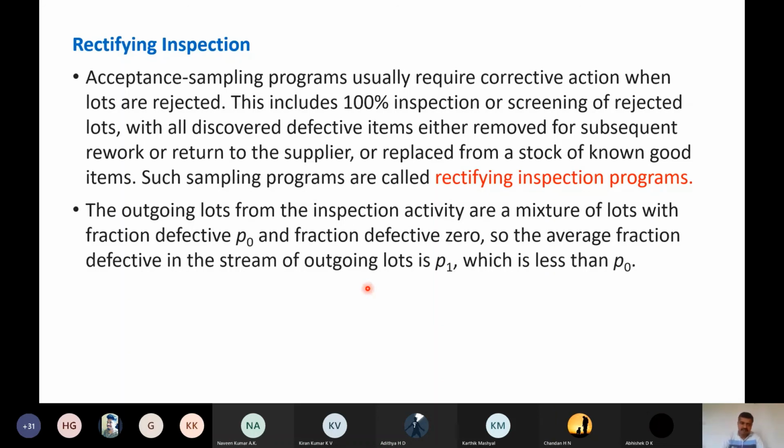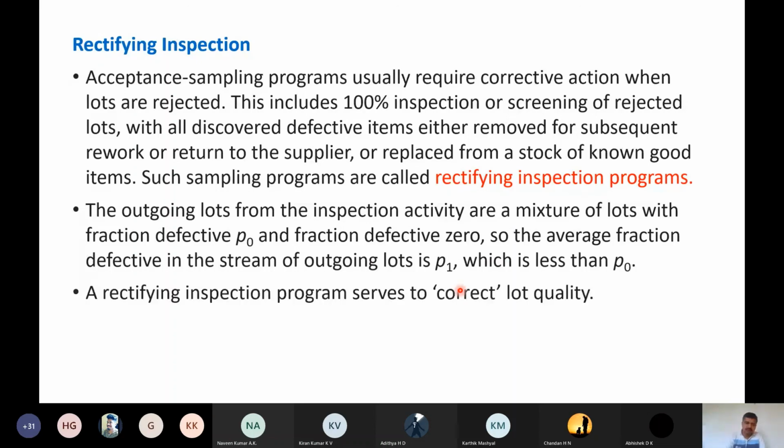So the average fraction defective in the stream of outgoing lots is given by p1, which is less than p0, because you have eliminated defectives from 5 lots. The rectifying inspection program serves to correct lot quality.